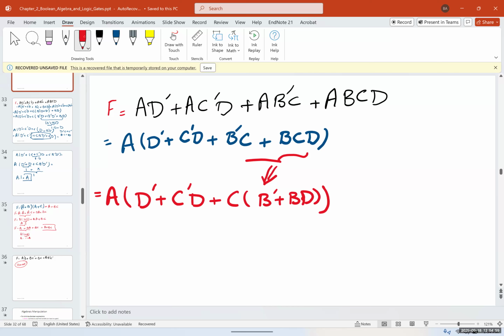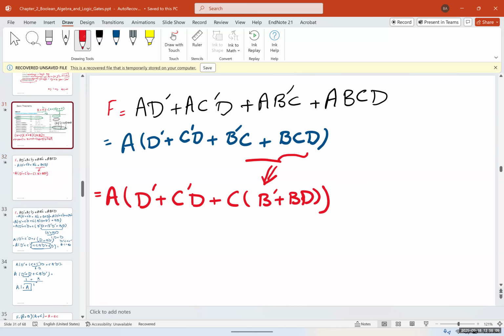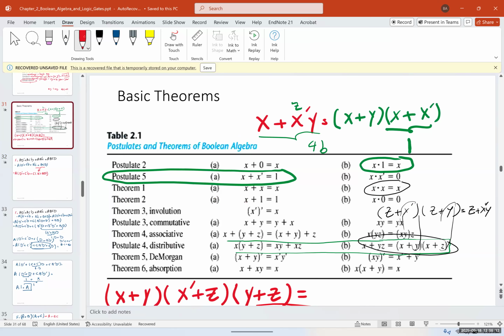What is B prime plus BD? If I go back to these postulates, which postulate is this? B prime plus B times D. Which one does this look like?